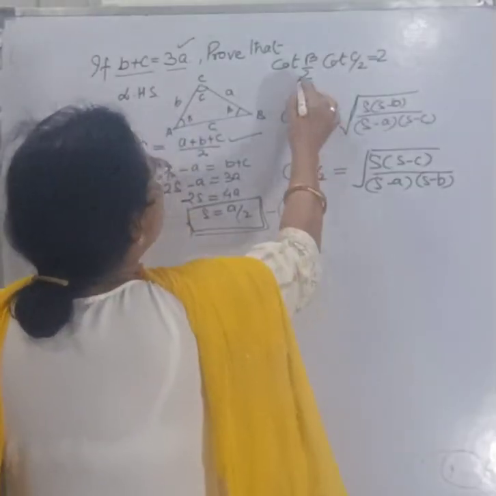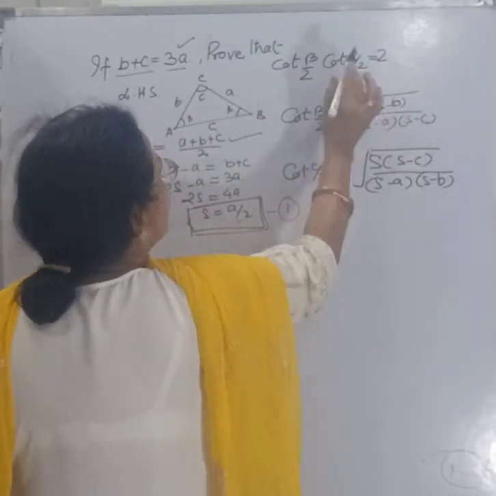Now we have to multiply these. Left hand side should be proved equal to 2.